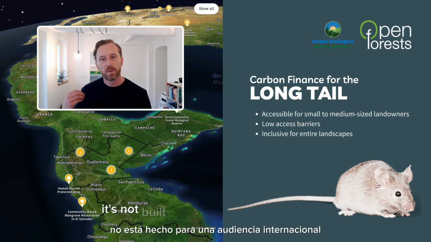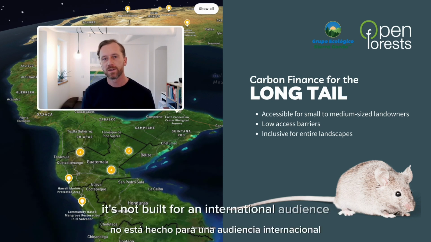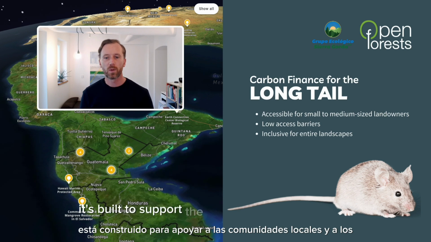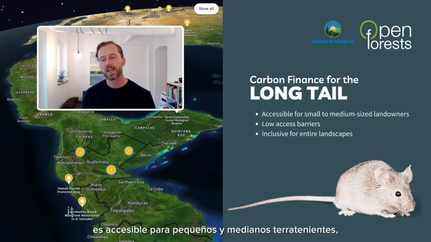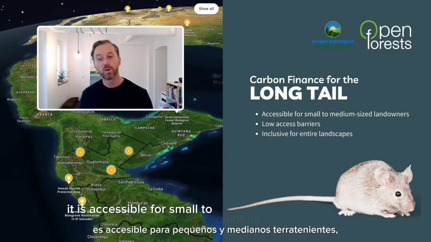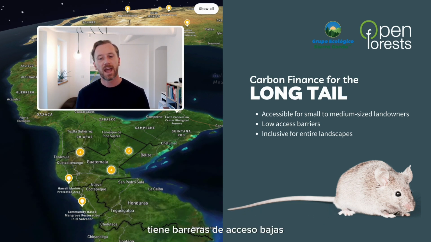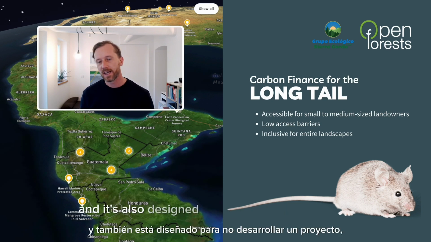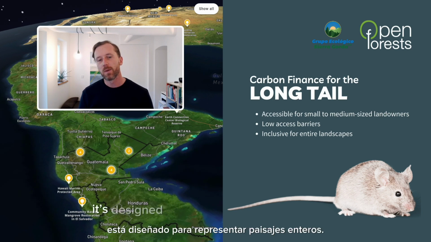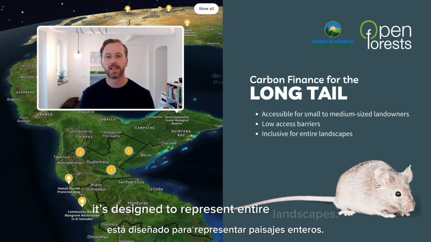It's not built for an international audience. It's built to support the local communities and the local stakeholders. So therefore it is accessible for small to medium-sized landowners. It has low access barriers, and it's also designed not to develop one project. It's designed to represent entire landscapes.